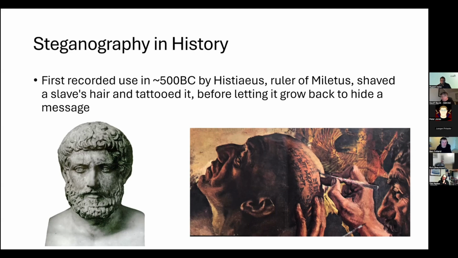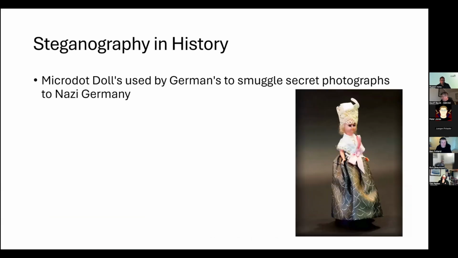in this case to send a secret message. And if we go forward a few thousand years, we get to Nazi Germany, and Nazi spies smuggled espionage information using microdots. So what is a microdot? A microdot is a downsized image or photograph or document onto the size of a dot.